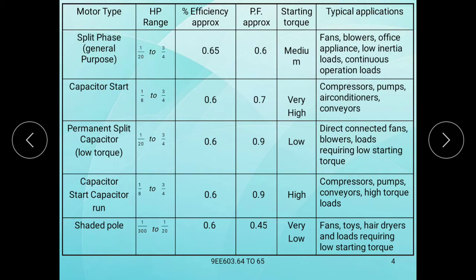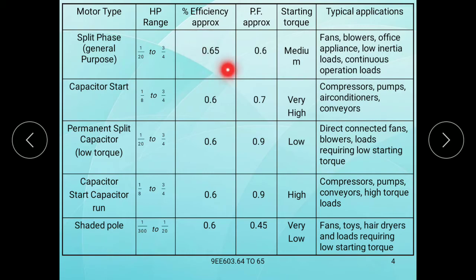So by this observation we observe this one. Here the rating is very low in split phase and high in the other, so these are the two HP ranges.